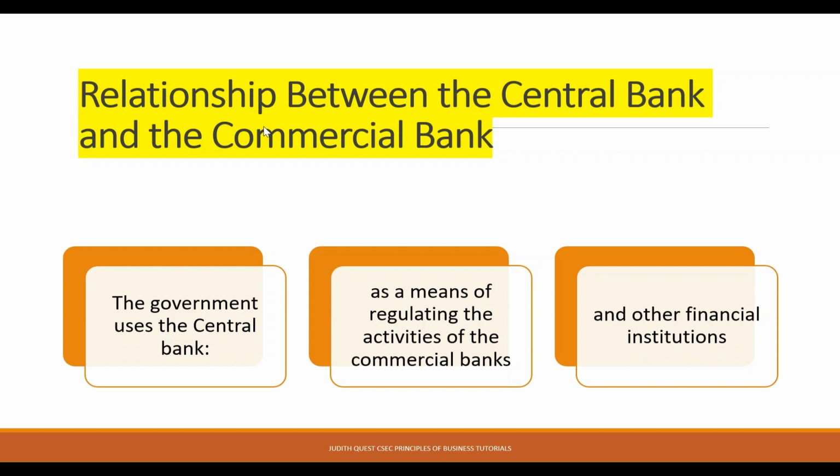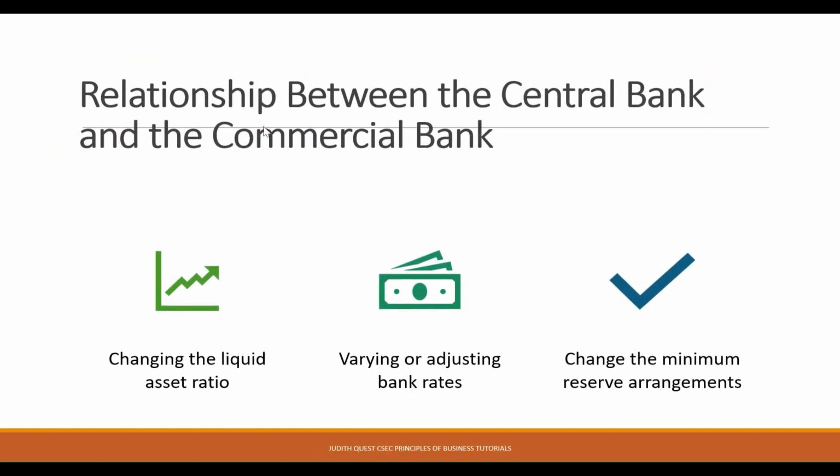So, as a means of regulating the activities of the commercial banks and other financial institutions, the government uses the central bank. Now, the relationship leads to the central bank telling the commercial banks when they change the liquid asset ratio for the commercial banks.